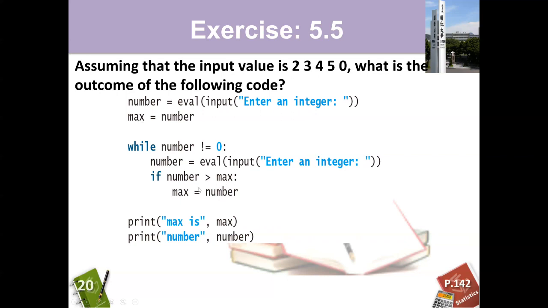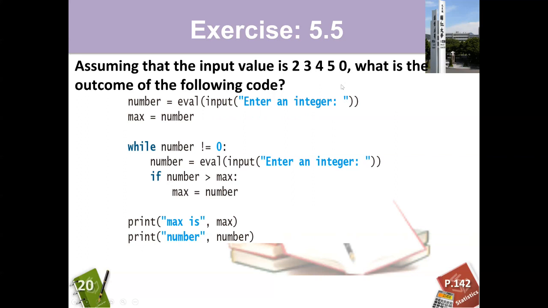So it will replace the max. After that, until the last integer 0, it will quit, right? So for every number, it will ask whether it is larger than the max. If that is true, then the number will replace the max.